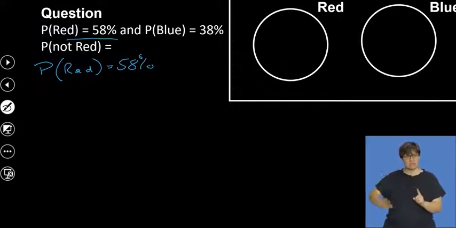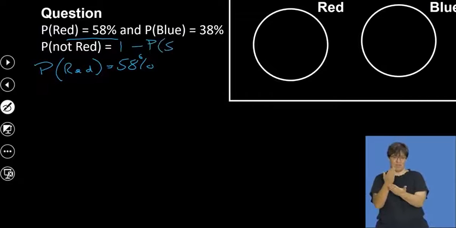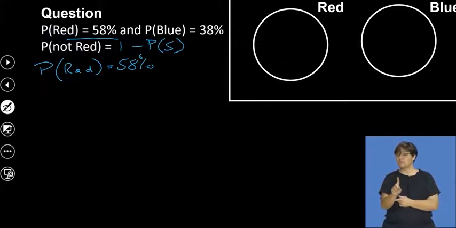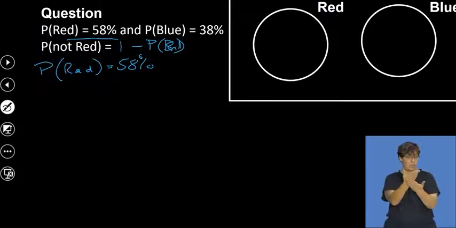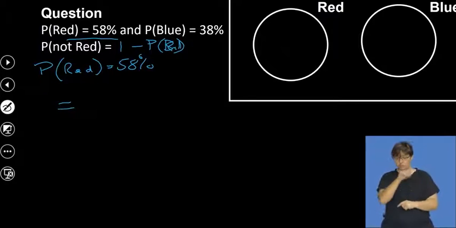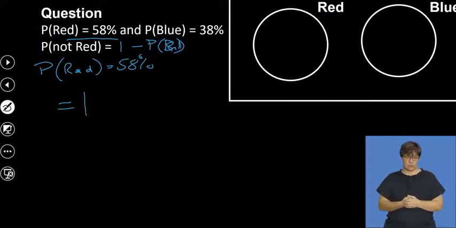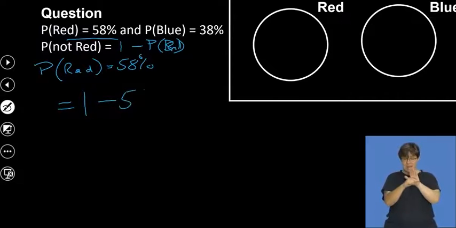Well, that's going to be 1 minus the probability of the red. The 1 stands for the probability of the sample. So we're going to recognize of not choosing the red car, it's the probability of the sample minus the probability of the red, which is 58%.